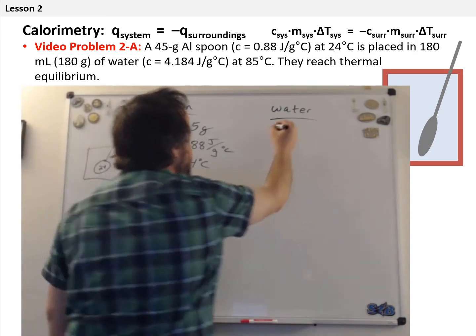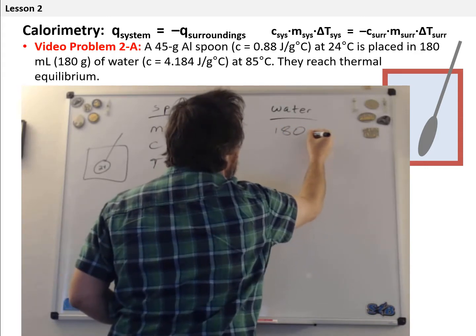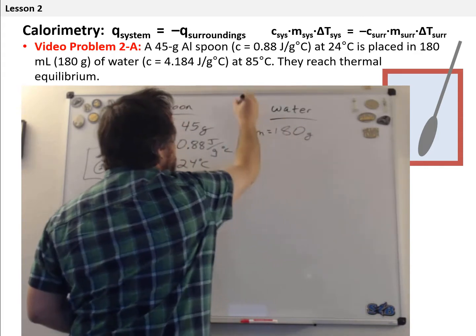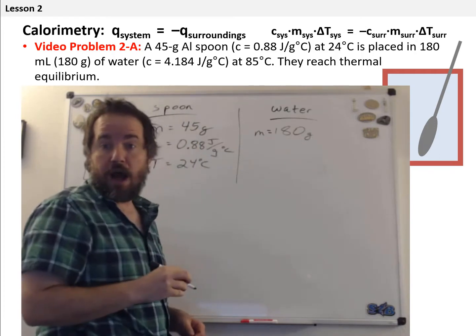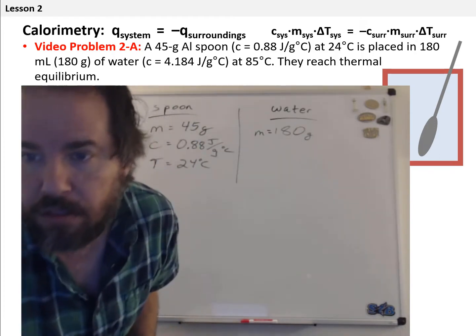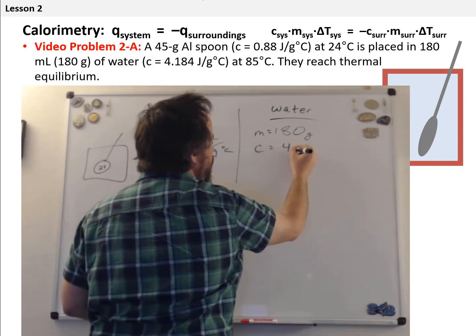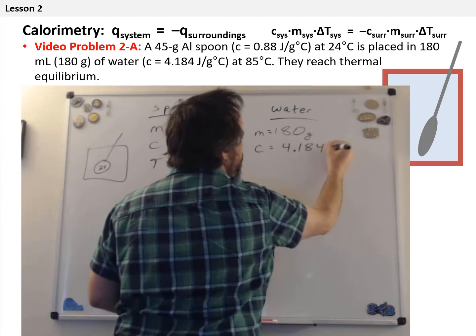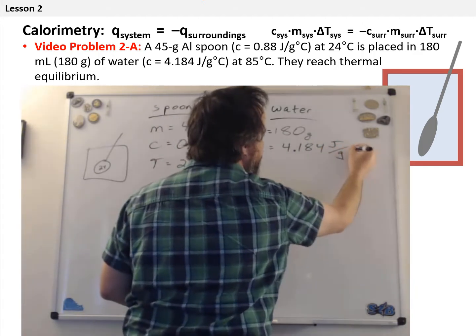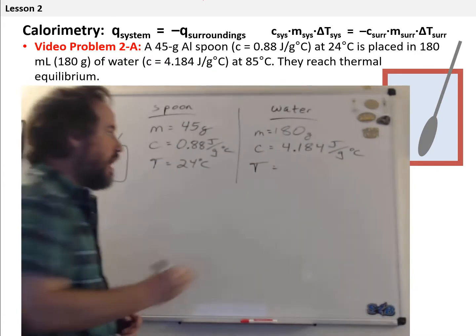We're told 180 grams. We're told the heat capacity of the water, 4.184 joules per gram degrees C. And we're given a temperature of 85 degrees C.